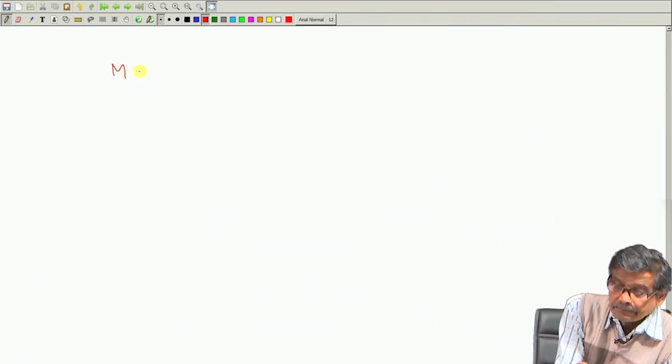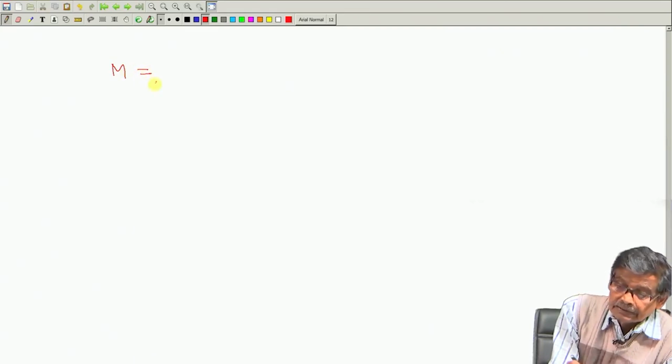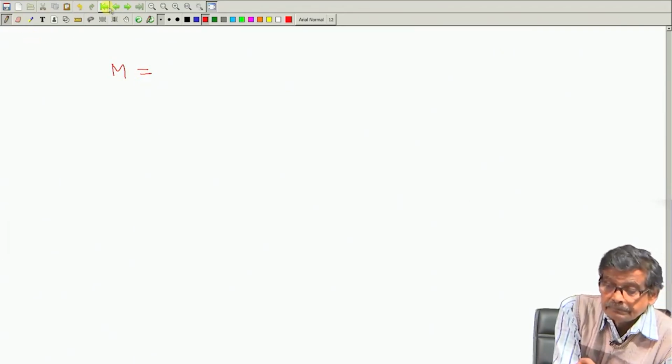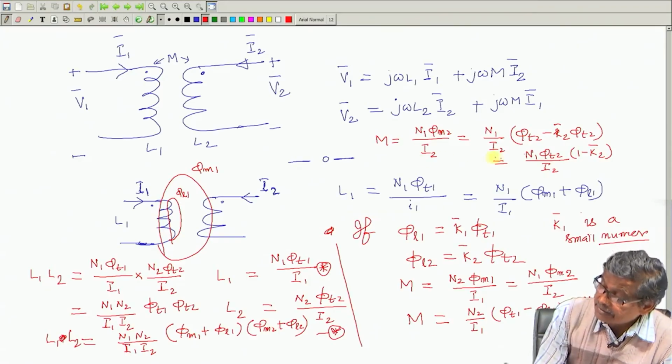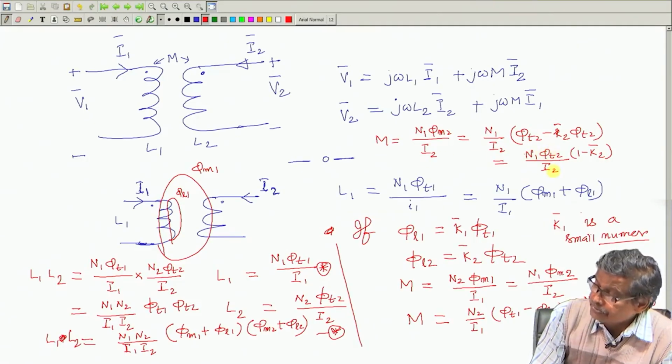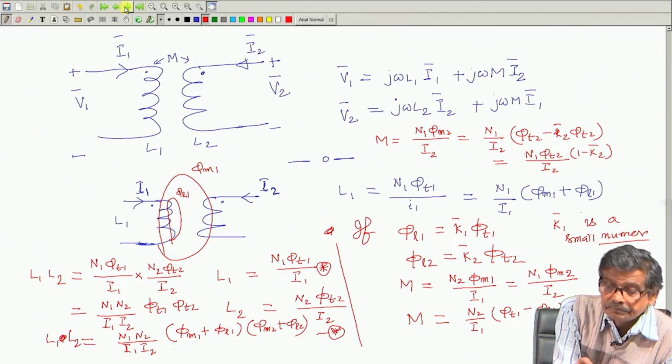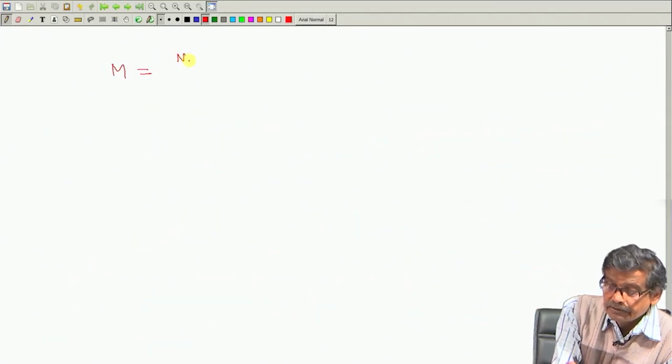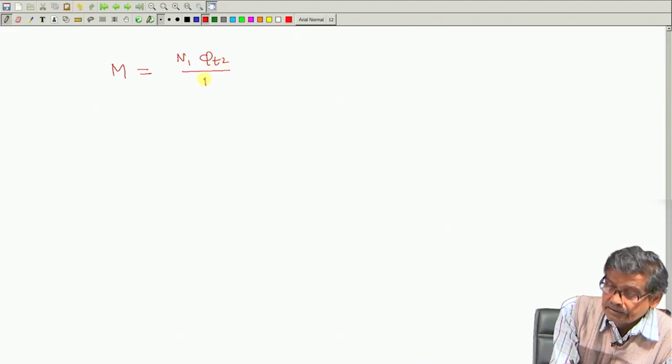M can be written as N1 phi T2 by I2 into 1 minus K2 bar.